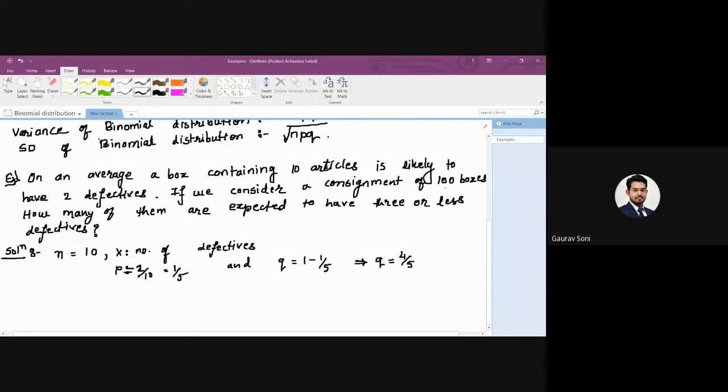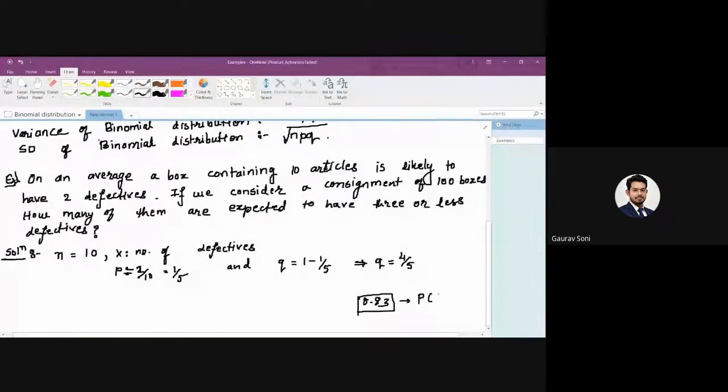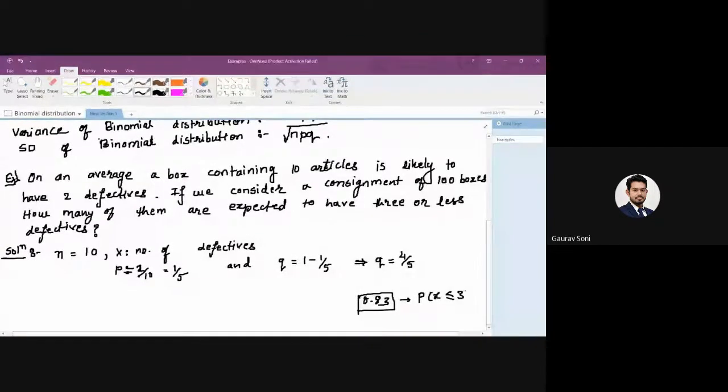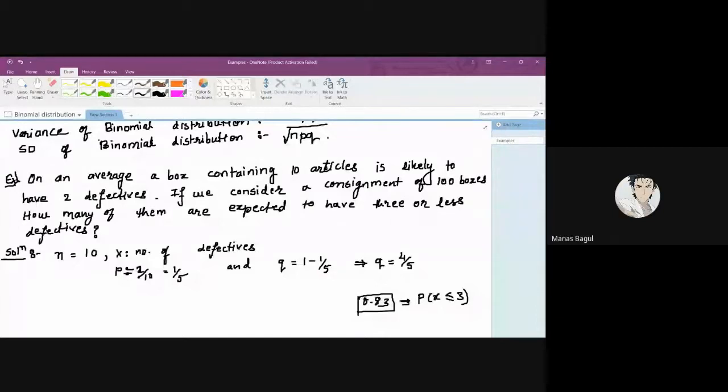Now what do we need? We have a consignment of 100 boxes. If in one box my probability of getting 3 or less defectives is 0.83, then out of 100 boxes, how many are going to have 3 or less defectives? If this is the probability, that probability of x less than or equal to 3 is this, then how many boxes out of 100 are going to have 3 or less defectives? 83.